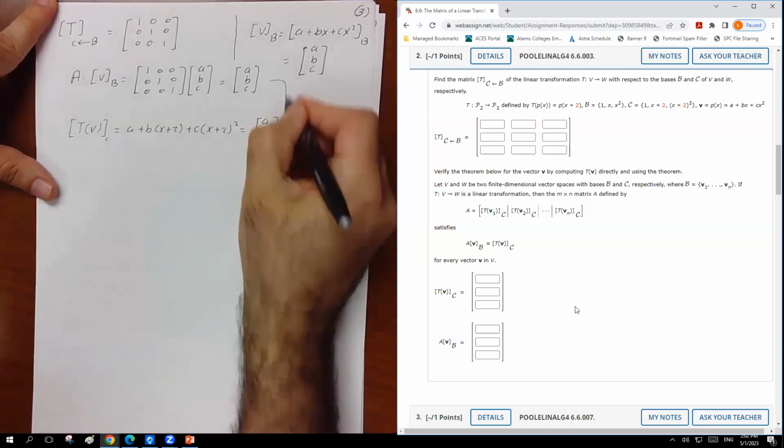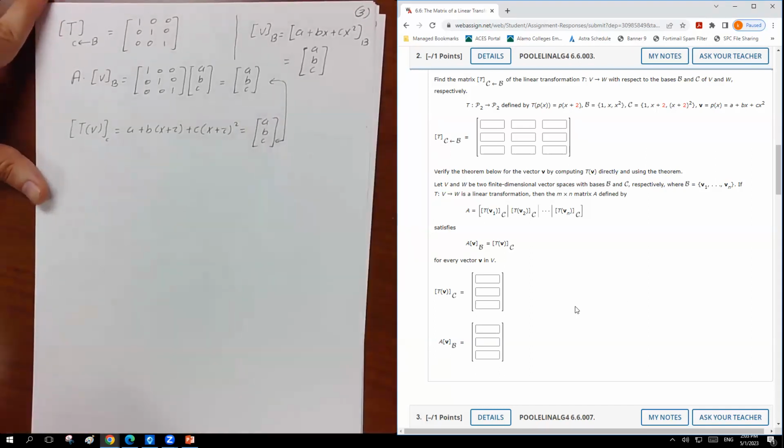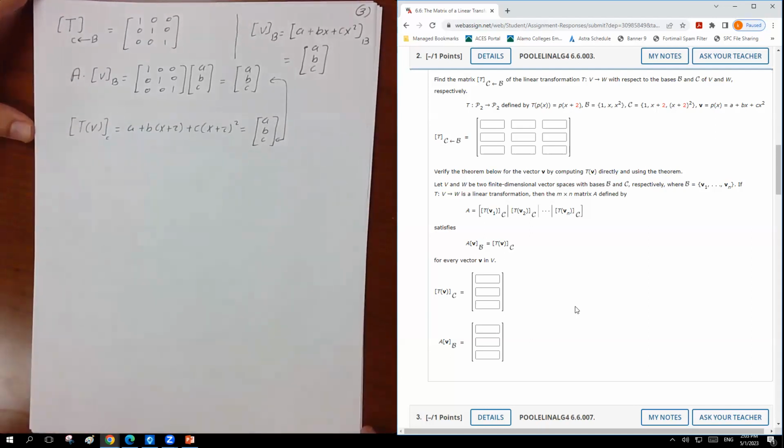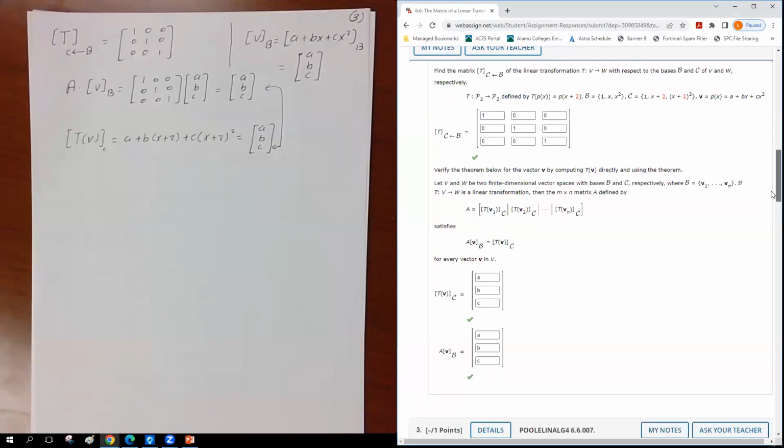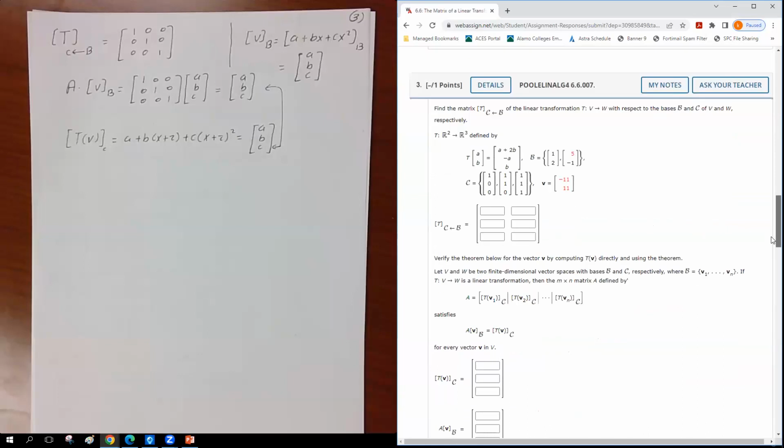That's where we got these two equal sides. So we satisfy the theorem 6.26. That's it for the second question. Let's check that. We got it right. Let's move to the third one.